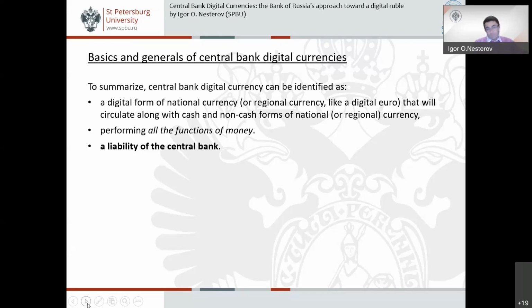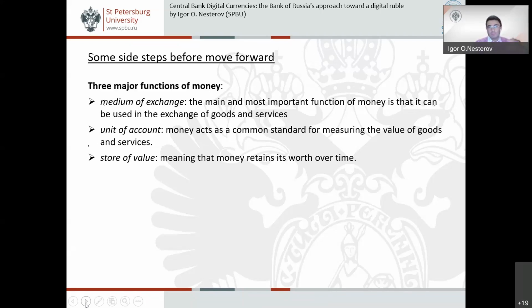But just before, and to answer this question, we have to return to the three major functions of money that are described in conventional economics.